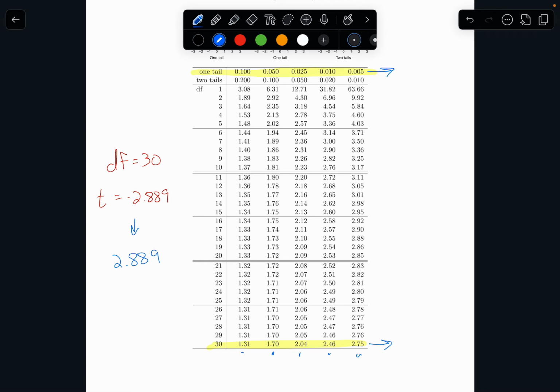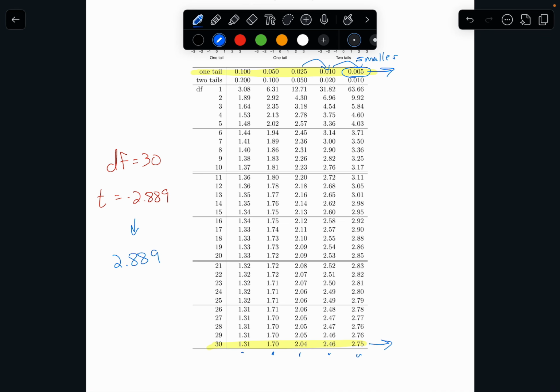So if I look at what happens as my p-value moves from the left side to the right side, moving from 0.25 to 0.01 to 0.005, it's getting smaller every single time, which means all I can say at this point is that my p-value is going to be less than 0.005.